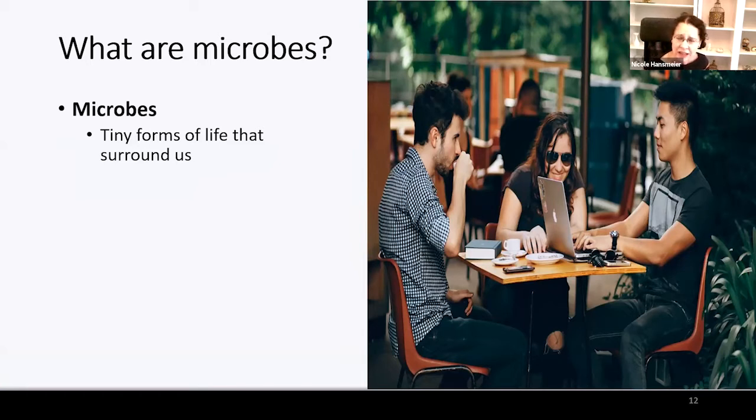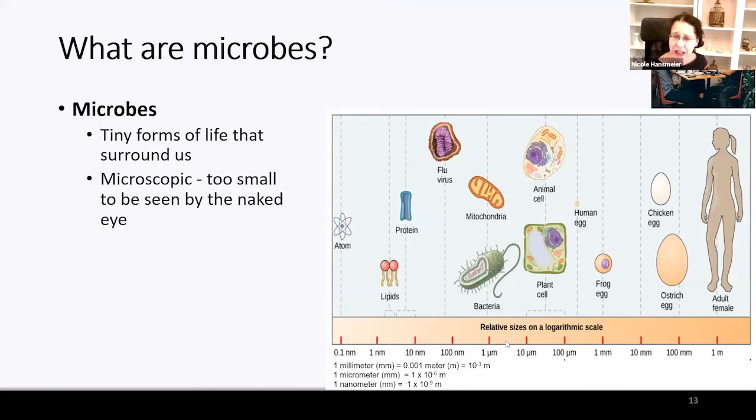So how small are they? So let's check out this chart here. This is a logarithmic scale from nanometer to meter. Here's a normal adult, and here is an atom. So where are microbes located? They're in the micrometer area.